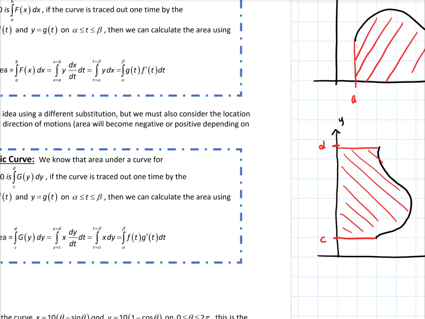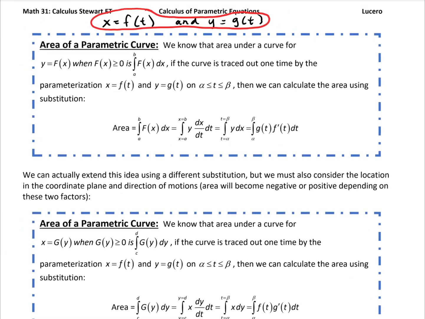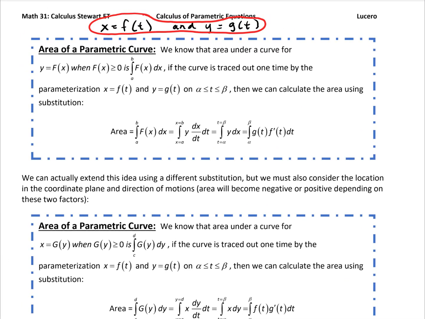So let's get in here. We know that the area under a curve for y equals f of x, as long as f of x is greater than 0, is the integral from a to b of f of x dx. Now we can say if that same curve is traced out one time by a parameterization, where t runs from alpha to beta, then we can calculate the area simply using substitution.